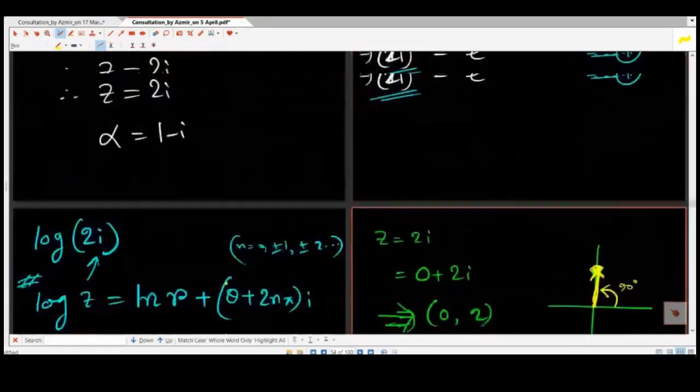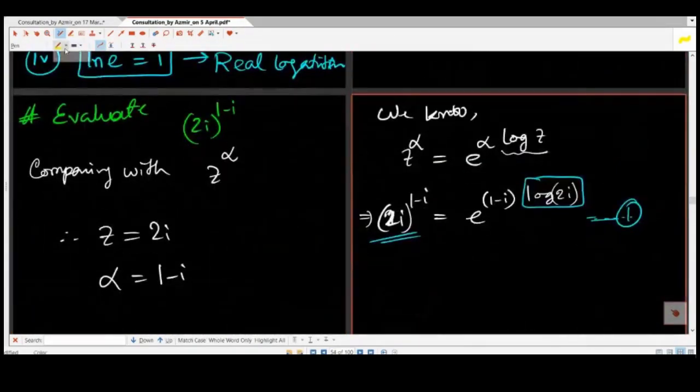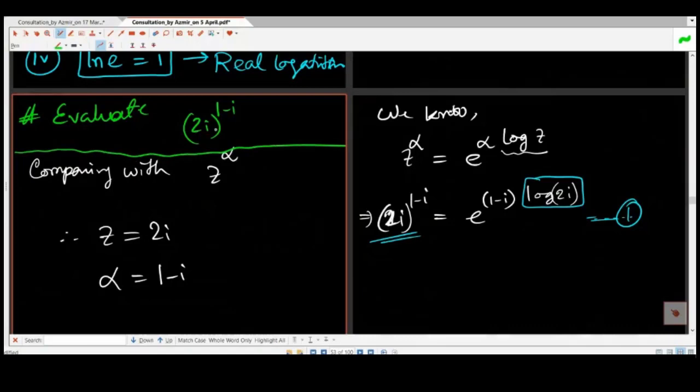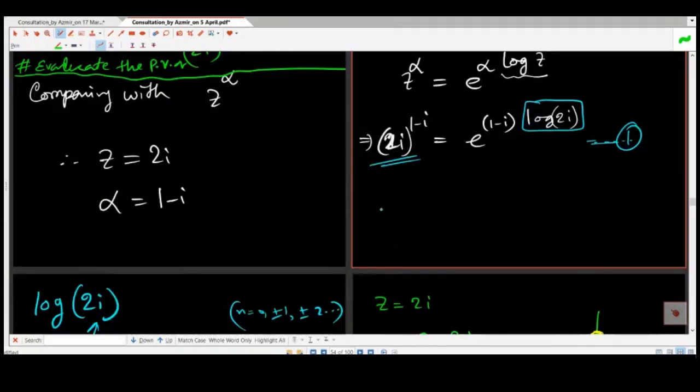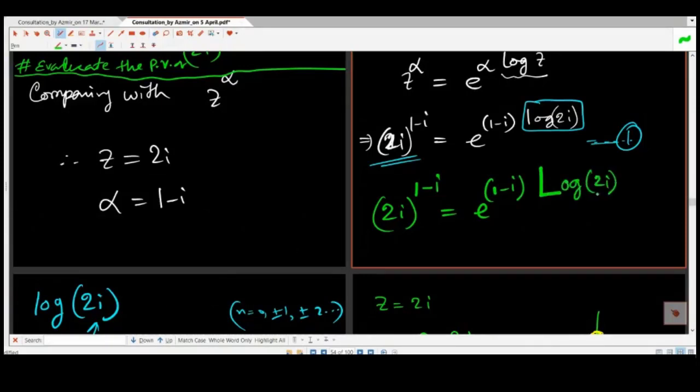Here, the same problem can be in a different form. Evaluate 2i power 1 minus i. But if I ask to evaluate the principal value of this number, then besides this, we have to think another way, e to the 1 minus i capital Log of 2i.